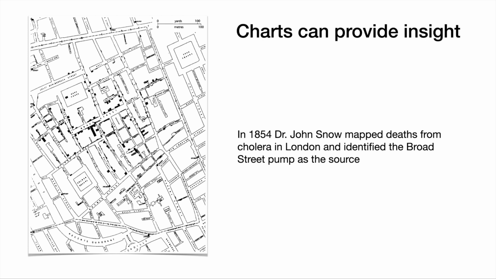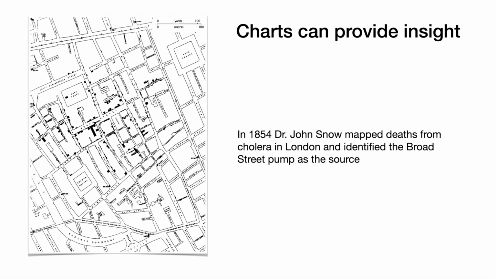By visualizing the information geographically, he was able to identify that the Broad Street water pump was a factor in people contracting cholera. At this time, people had no understanding of microbiology. They had no understanding of bacteria or viruses or anything like that. But he could see, based on this visualization, that there was a connection between this pump and the disease. And so he got the handle of the pump removed and the cases of cholera dropped significantly.